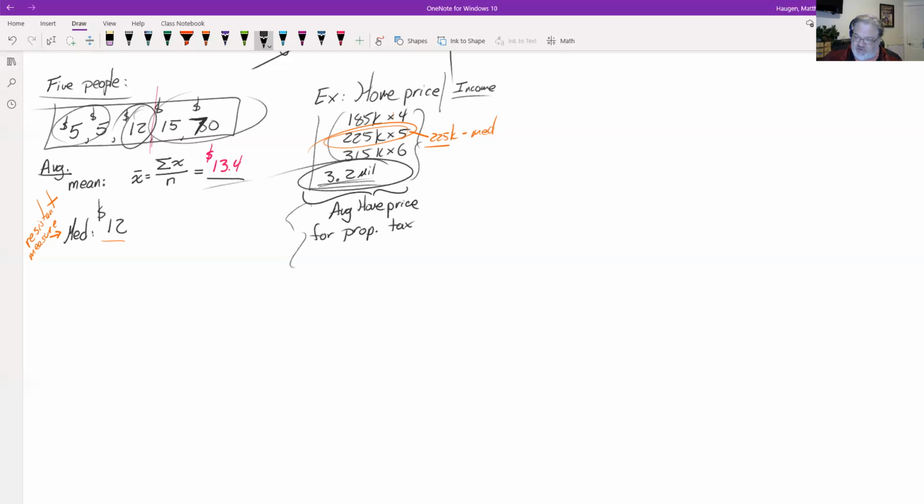So oftentimes you'll get some questions that will say, which kind of average do you want to use in this scenario? And then you'll get a box or a section that says, describe why you wanted that type of measure. And oftentimes, either type of measure is a perfectly reasonable answer.